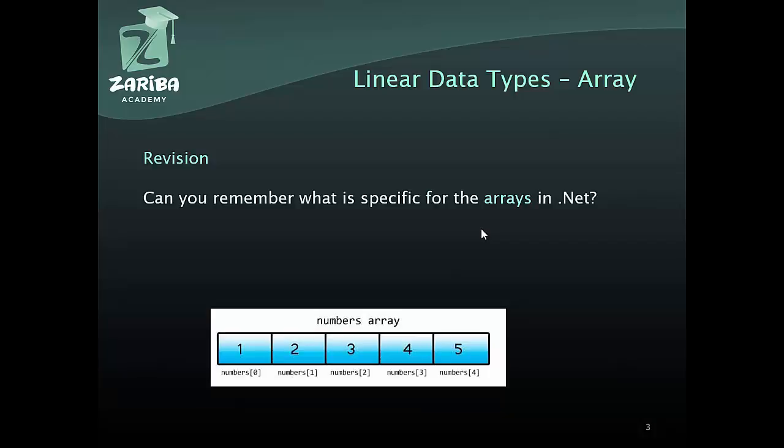So with reference types, we have to be very careful when we copy, because when you say something like int array1 equals 1, 2, 3, and when I say int array2 equals array1, okay, so now if I change array1 somehow, I say array1 of 0 equals, let's say, 5, then what's going to happen is that this 5 is going to be copied inside array2 as well, because what's stored in here is not a new array, but rather just a reference or a pointer in the memory to our array1.